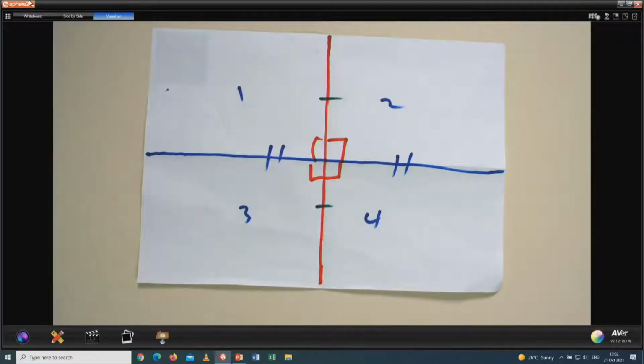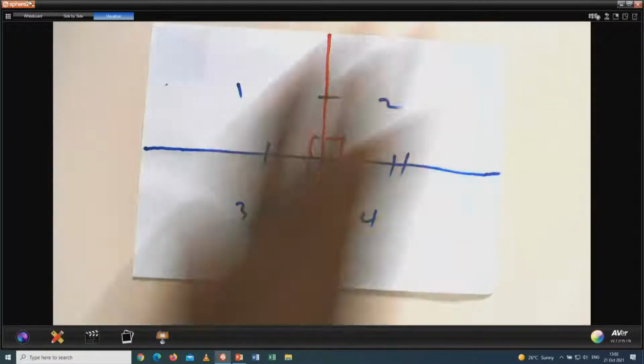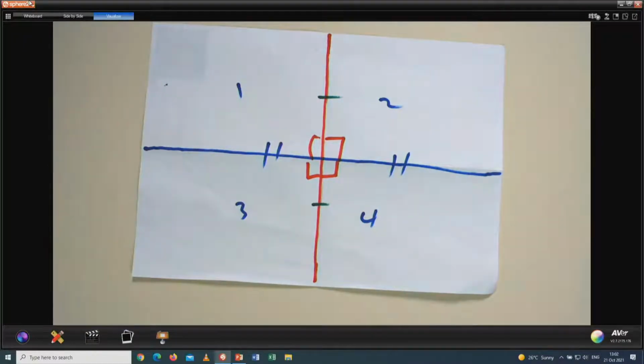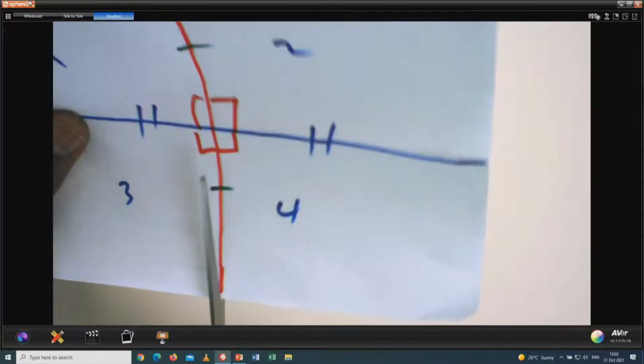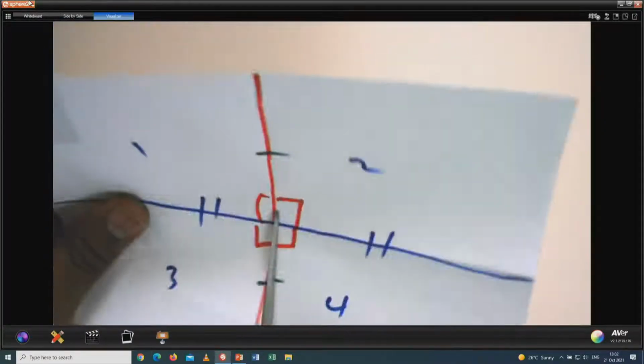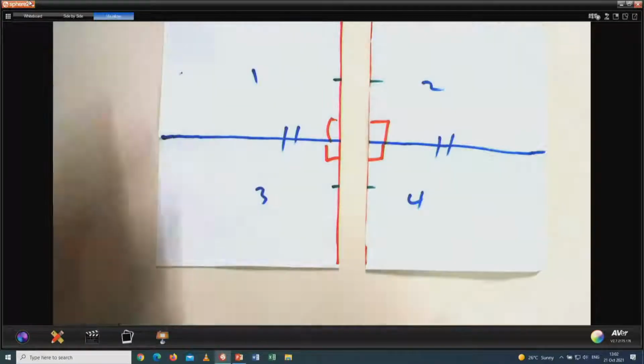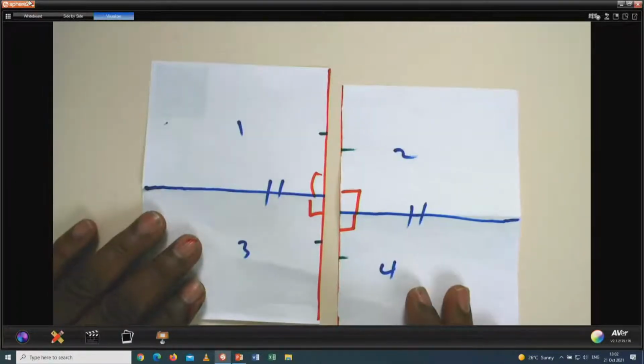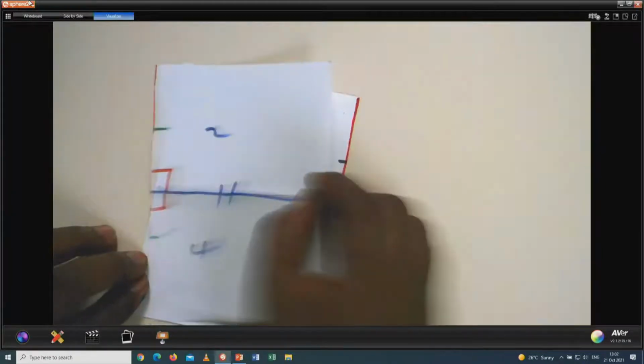Now, let me use a scissor straight away. Let's cut it now. We're going to cut it into 4 parts. Let's start. These two are congruent. We still agree, congruent.